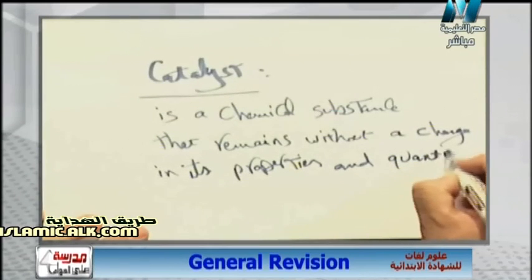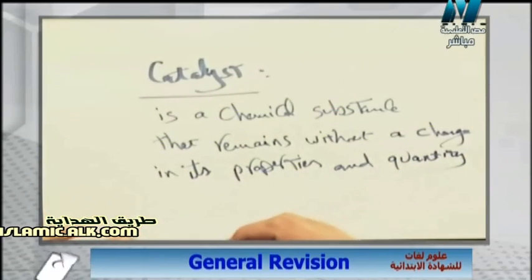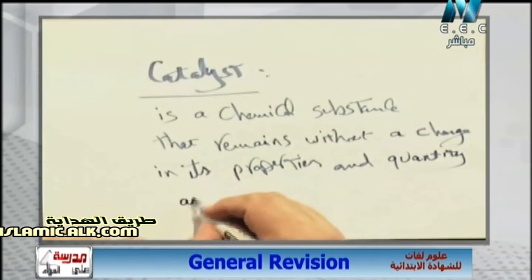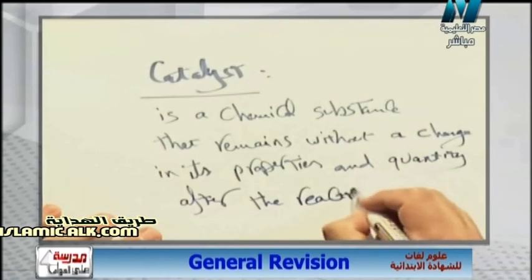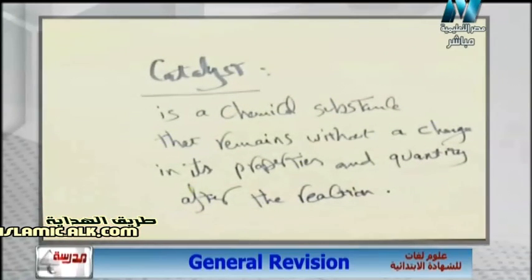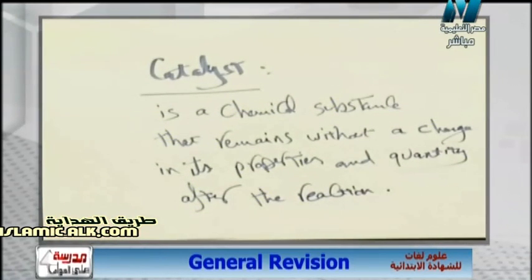As I said, if it enters 10 grams, it comes out 10 grams. Properties and quantity after or during the reaction. So again, catalyst is a chemical substance that remained without a change in its properties and quantity during or after the chemical reaction.